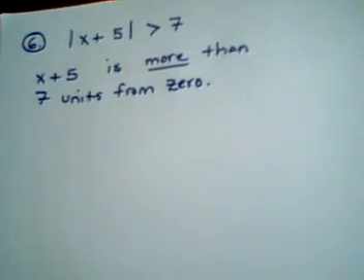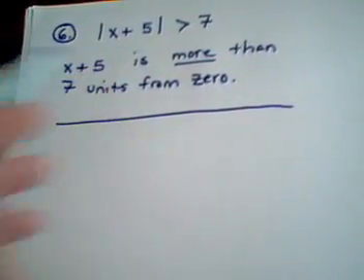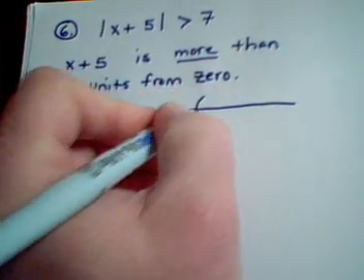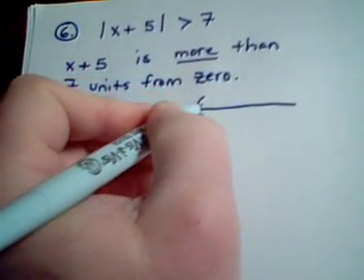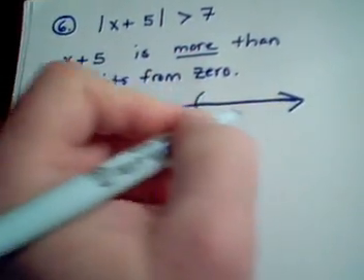Okay? So on a number line, if I drew a number line and I said, how could you be more than 7 units away from 0? You would have to be past 7 to the right of 7.